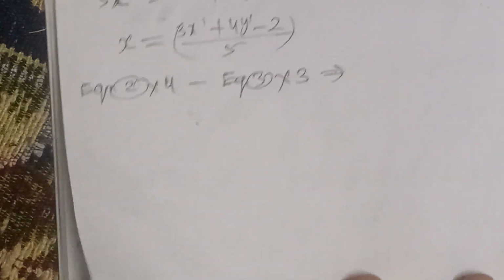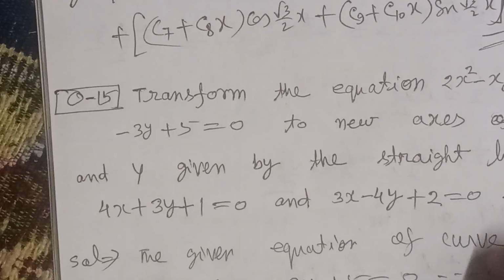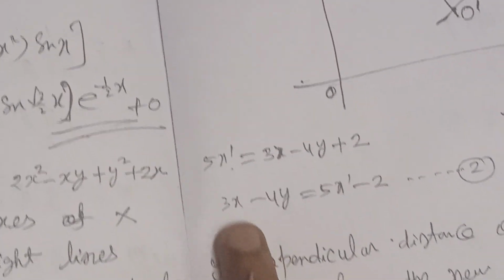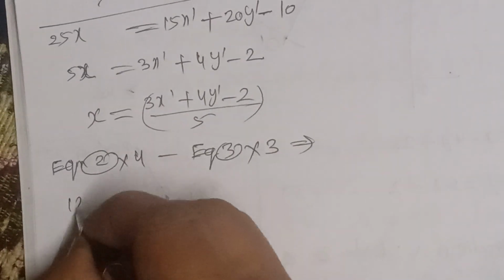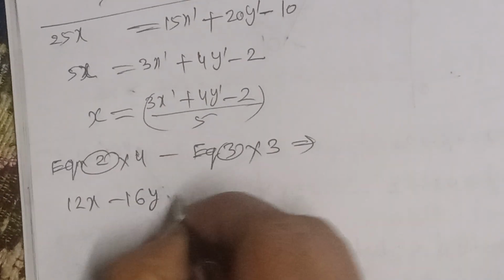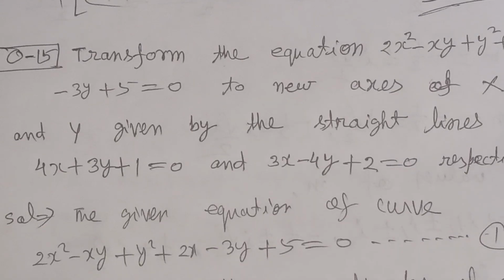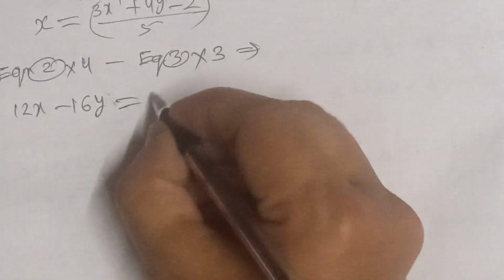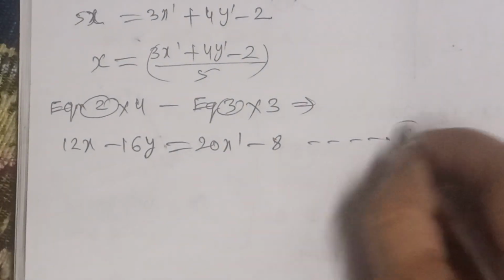On multiplying equation number 2 by 4, we get 12x minus 16y is equal to 20x dash minus 8, which I write as equation 6.